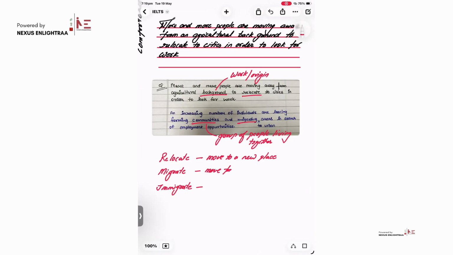Immigrate is to move to another country permanently. Understood the difference? So, what you have used in here, migrate instead of relocate, would that be the right choice of word?